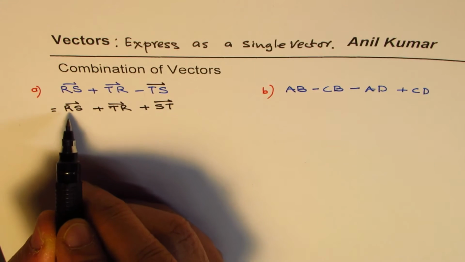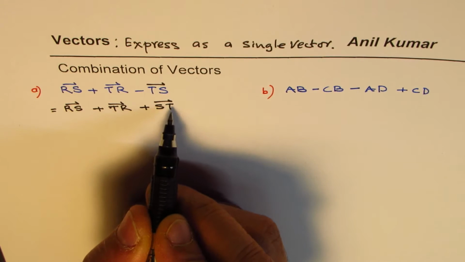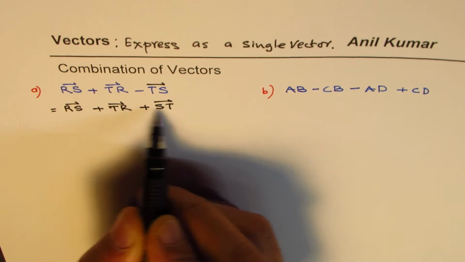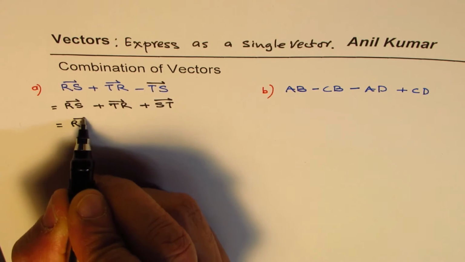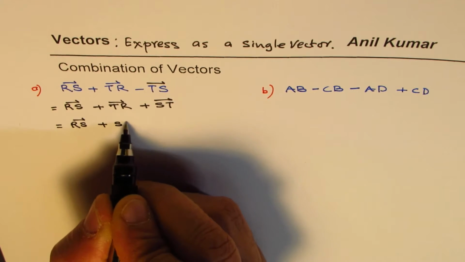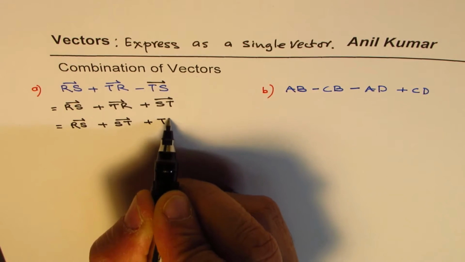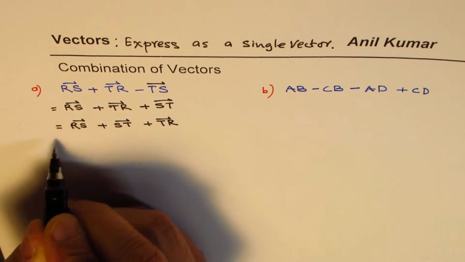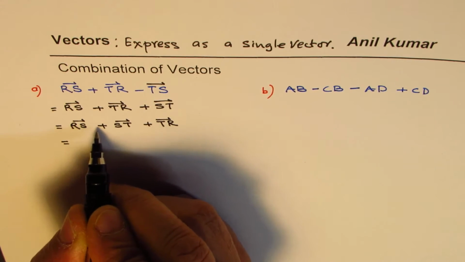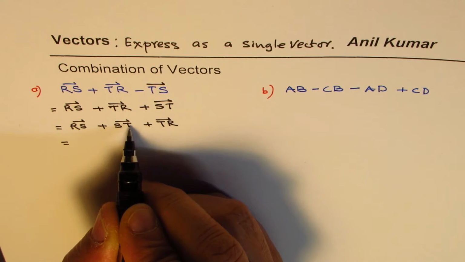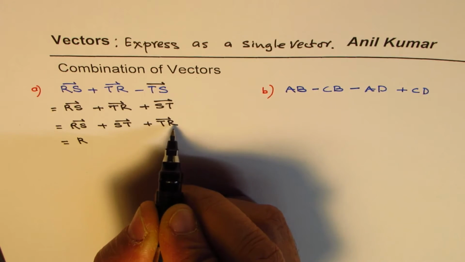Now, we are going from R to S. Look for something from S to somewhere else, S to T. So let's rearrange. So you could rearrange this as R to S plus S to T, and then we have T to R, right? So that clearly means R to S, and then from S to T, and then from T to R, it means R to R, right?